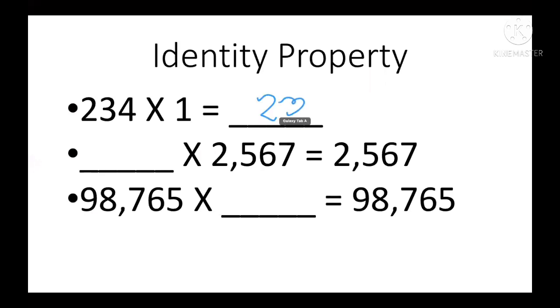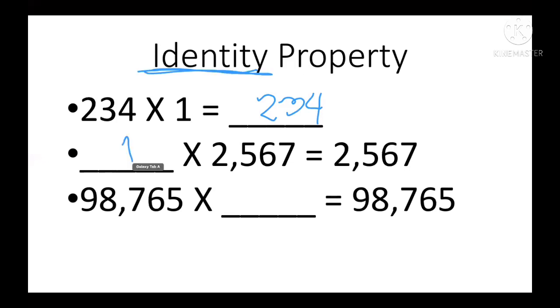Very good. Easy. Next, blank times 2,567 equals 2,567. So what is this? Yes, we are here in identity property, so we will put 1.